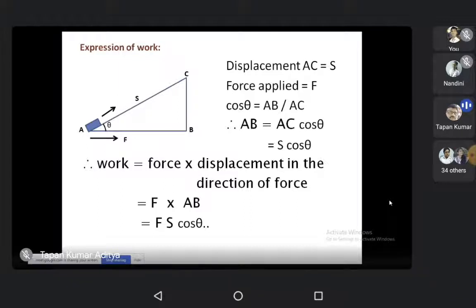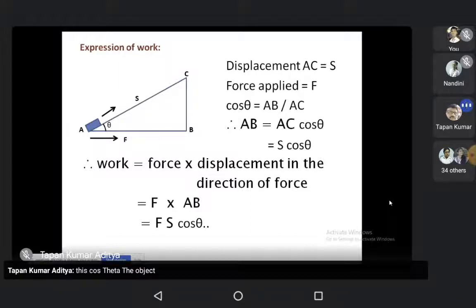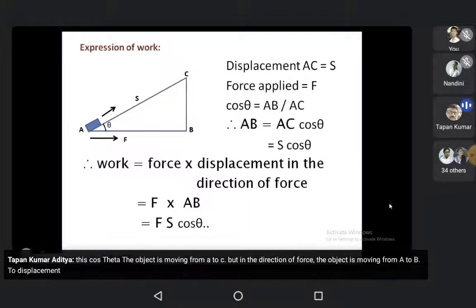That displacement in the direction of force is what we have to take.